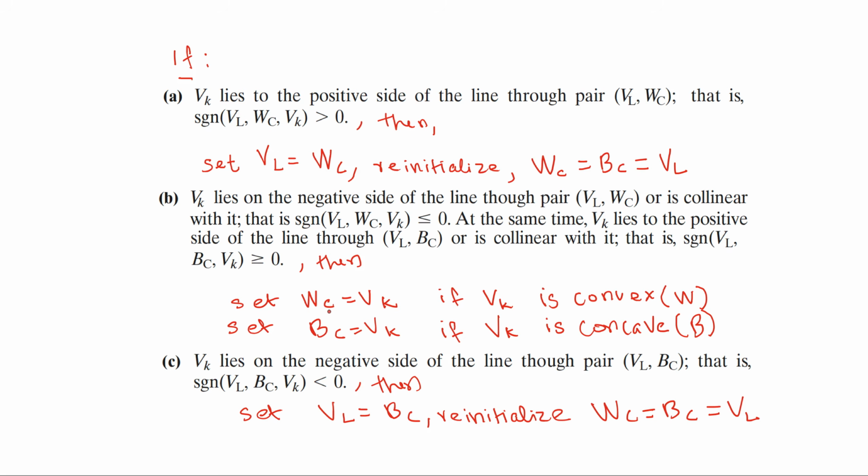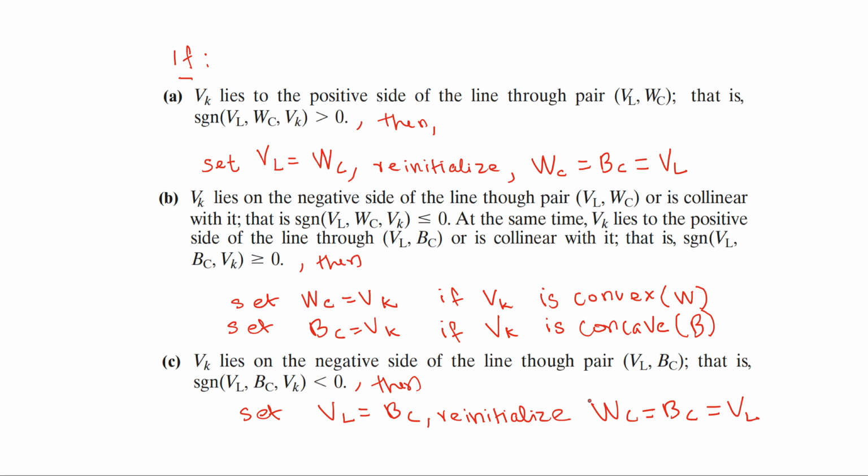We set WC equal to Vk if Vk is a convex vertex, that is, a white vertex, and we set BC equal to Vk if Vk is a concave vertex, or a black vertex. As the third condition, if Vk lies on the negative side of the line passing through VL, BC, in other words, if sign of VL, BC, Vk is less than 0, then we set VL equal to BC and reinitialize WC equal to BC equal to VL.